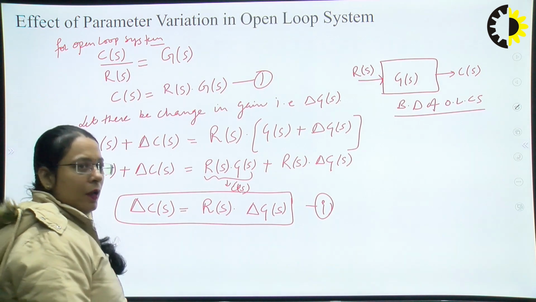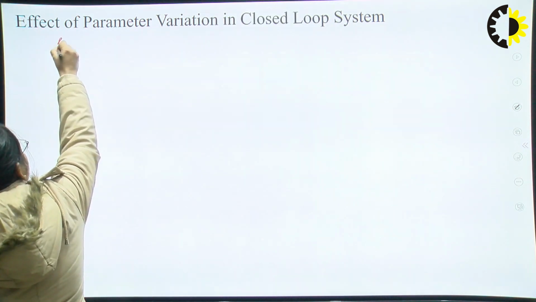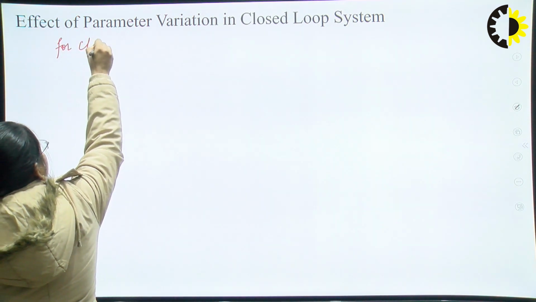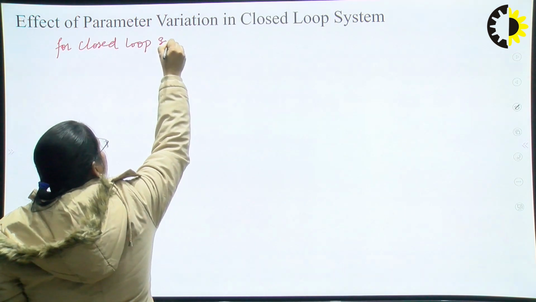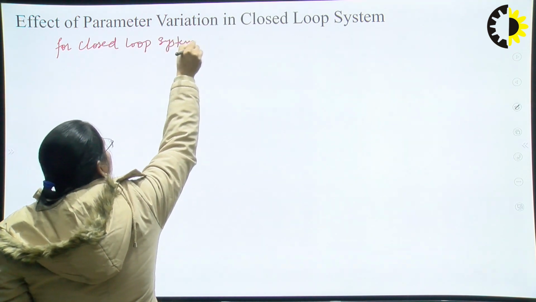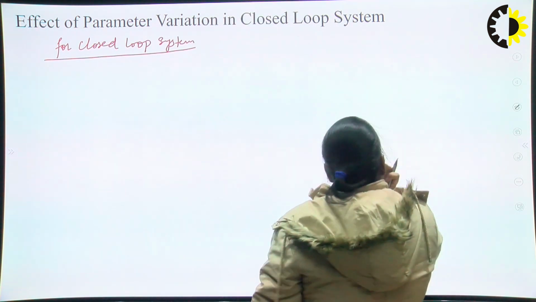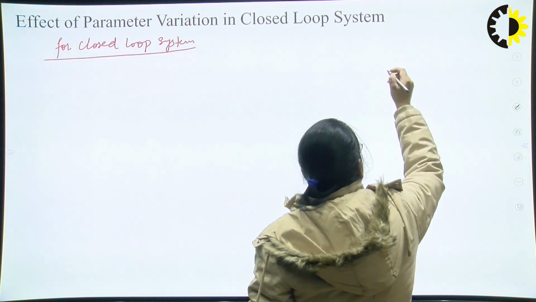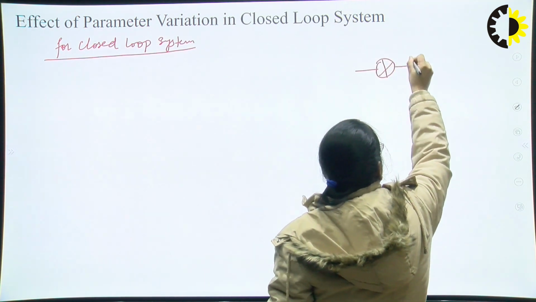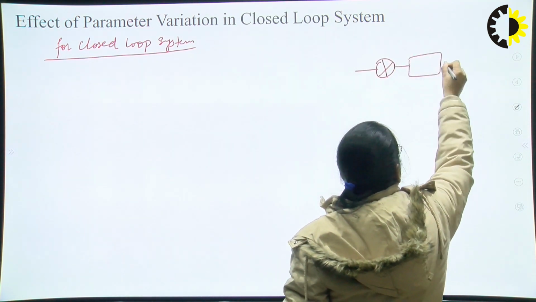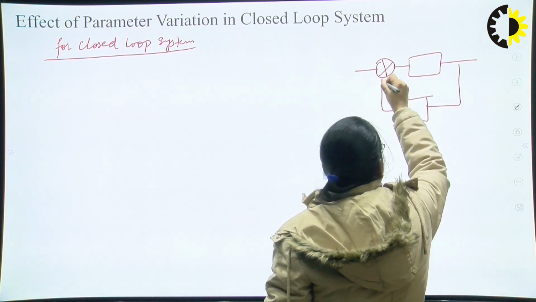Now for the closed loop system, there is a small variation in the parameter G(s), that is the forward path gain. First of all, I will draw the block diagram for the closed loop control system.